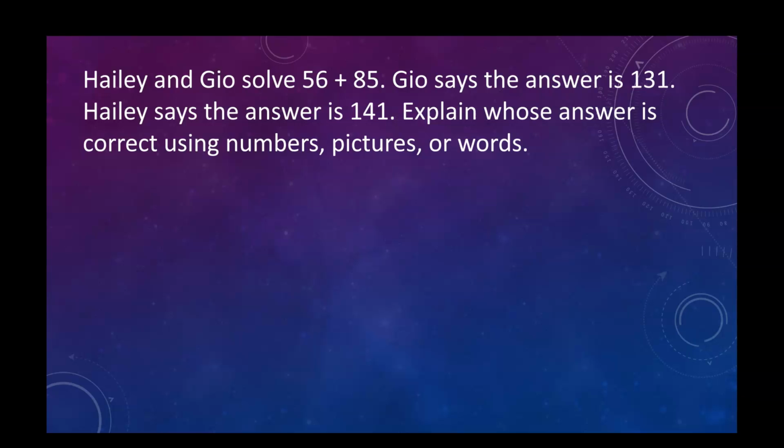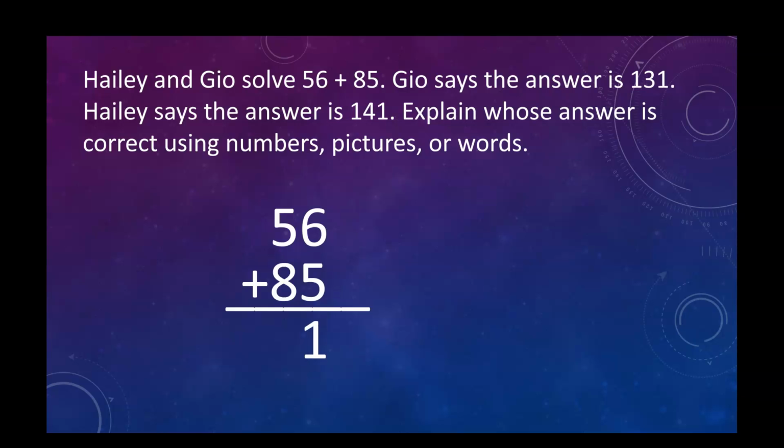Okay, you should be done solving now. So what I did is I used numbers, and I set up my problem vertically here. And I've got my 1s lined up and my 10s lined up. Now 6 plus 5 is what? 11, right?